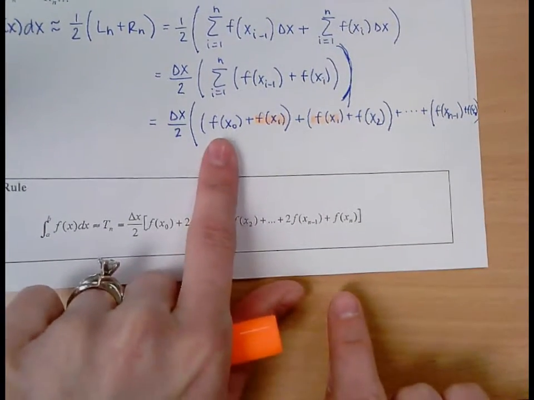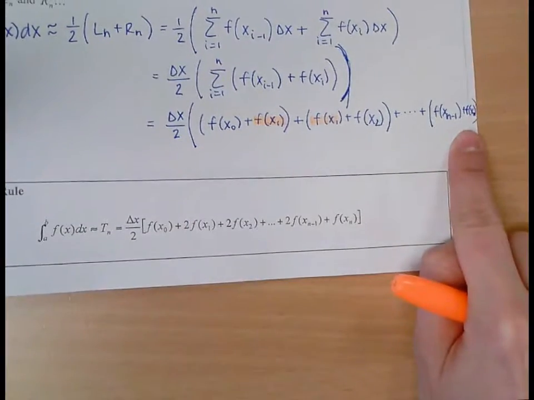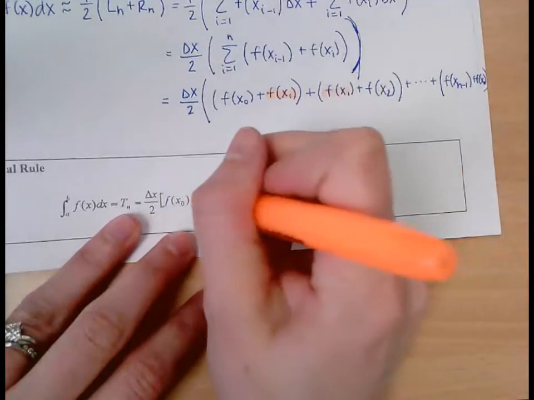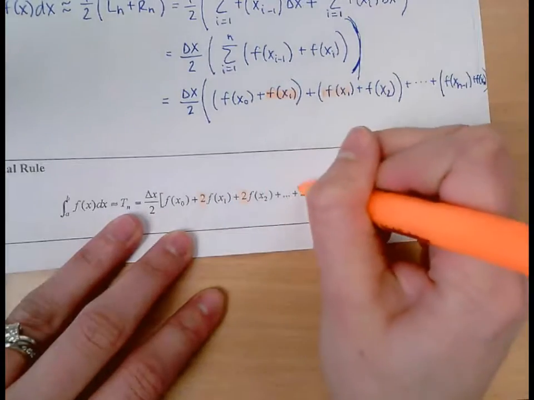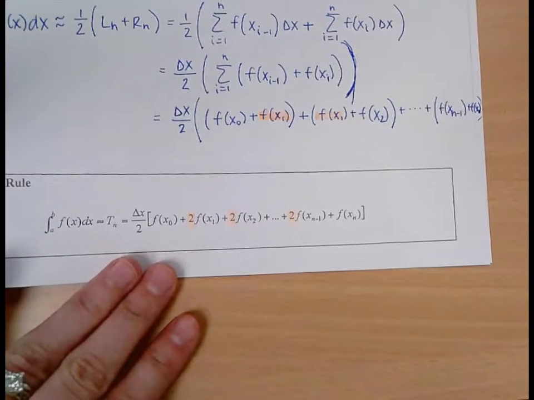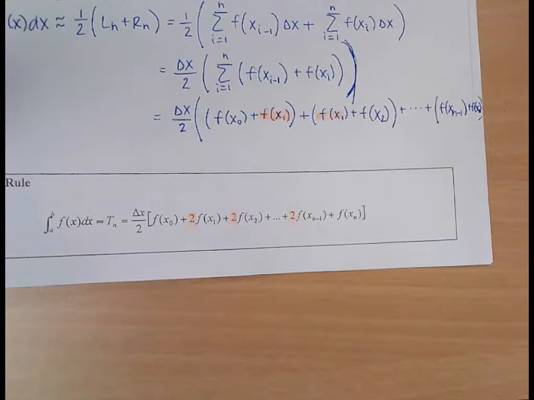It would just not happen for f of x sub 0 or f of x sub n. So that's how they're getting from here to here, and why all of the middle function values get multiplied by 2. That's where that's coming from. f is the original function. So this would be if you're approximating it because for some reason you can't find an antiderivative.